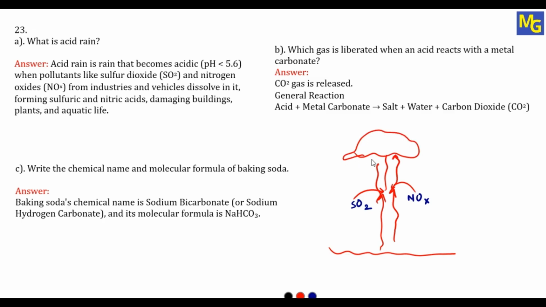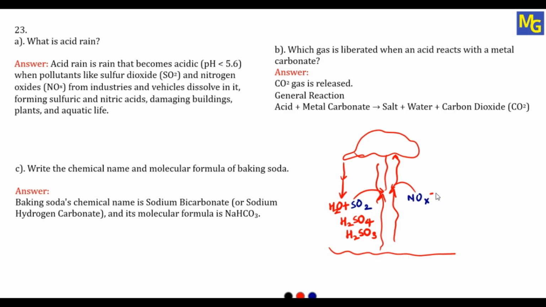So in all the clouds, these will be there. So when these clouds come back on the land in the form of rain, this water and this SO2 gas combine and become H2SO4, which is called sulfuric acid, and H2SO3, which is called sulfurous acid.